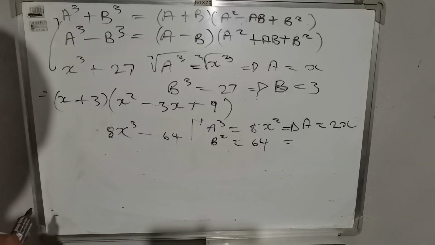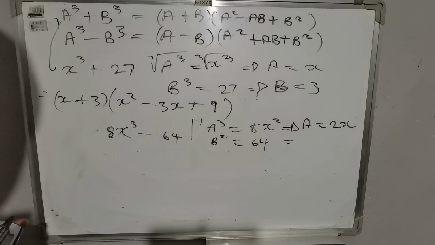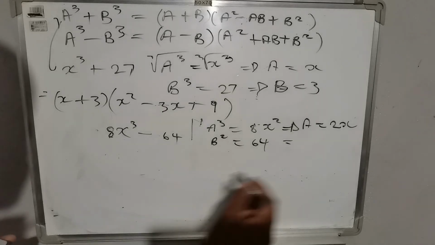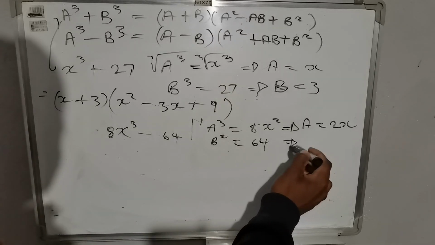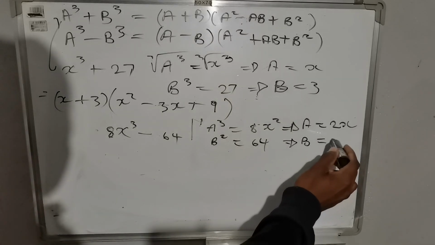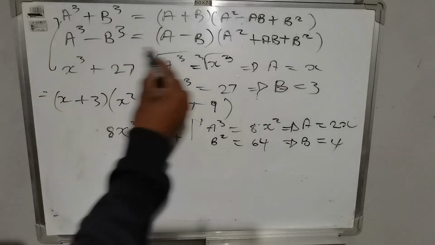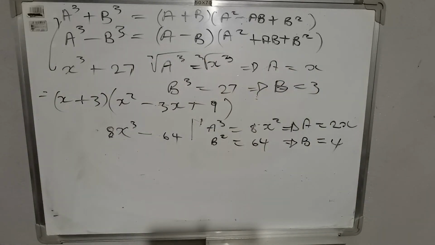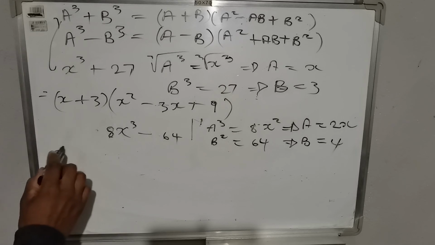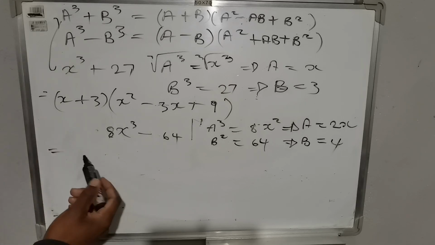The cubed root of 64 is what? My calculator says it's 4. So this makes b equal to 4. So you just substitute on this equation because of this minus.